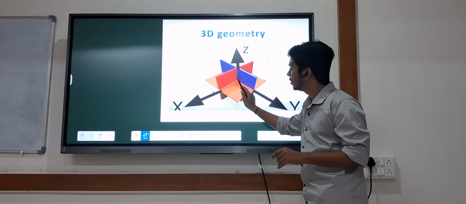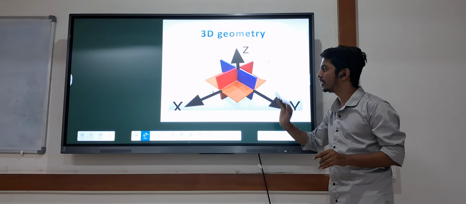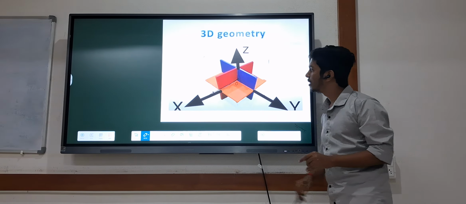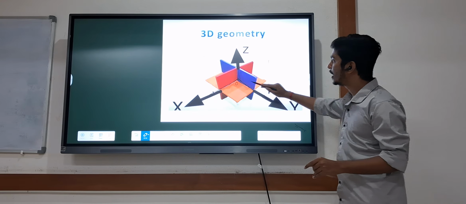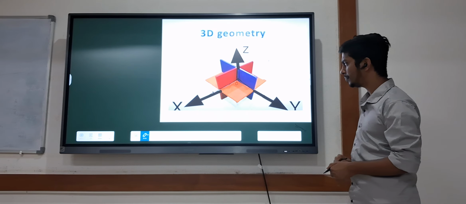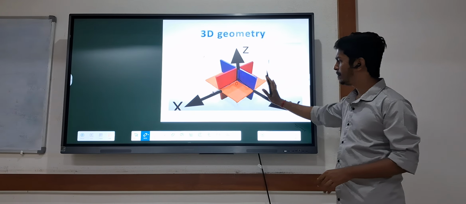Understood? So this direction is called the x-axis, this direction the y-axis, and this direction the z-axis. Understood? In general, this is the 3D picture.